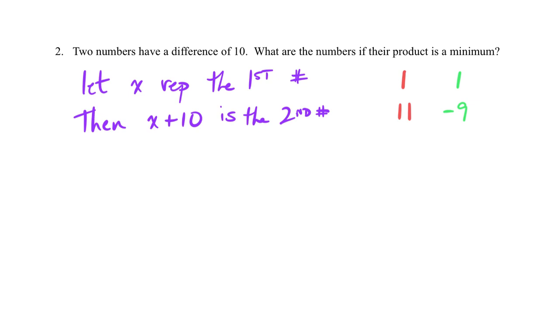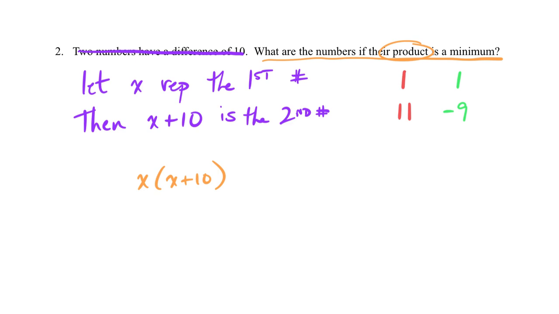Okay. We've just used up the first sentence to define our numbers. That gave us our let and our then statement. Now I'm going to use that second sentence. What are the numbers if their product is a minimum? Well, product means multiply. So I'm going to take the first number and multiply it to give me the second.